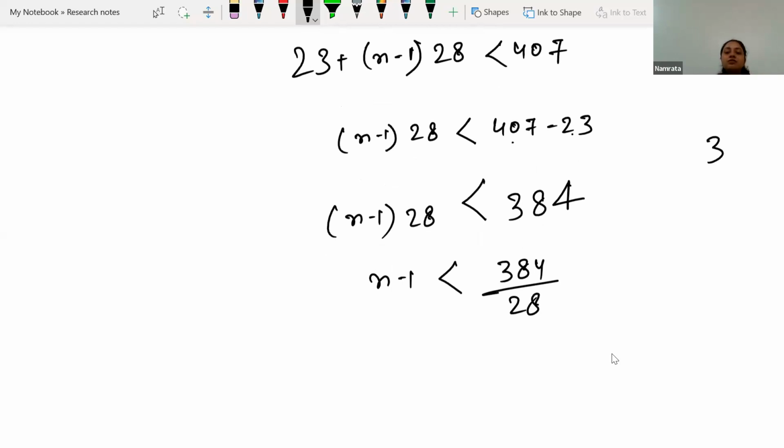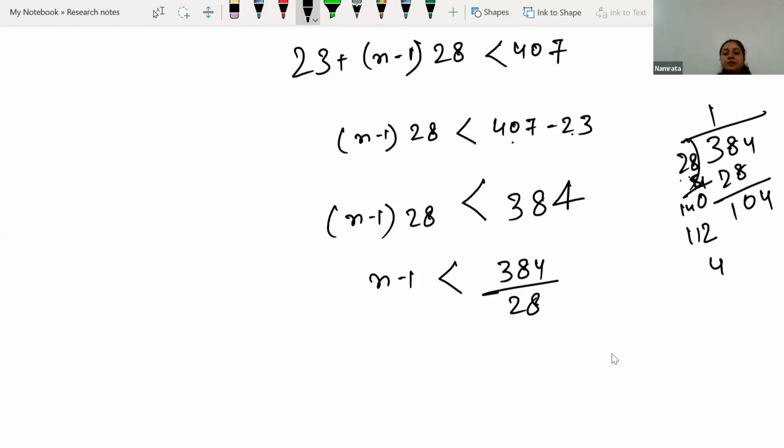Let's divide 384 by 28. How many times will it go? 5 times 8 is 40, 0, carry 4. 5 twos are 10, 11, 12, 13, 14. Okay. 4 times 8, 32, 2, carry 3. 4 twos are 8, 9, 10, 11, 112. 3 times 8, 24, 4, carry 2. 3 twos are 6, 7, 8.